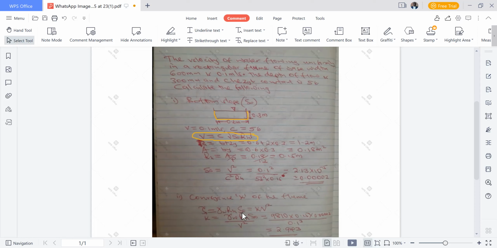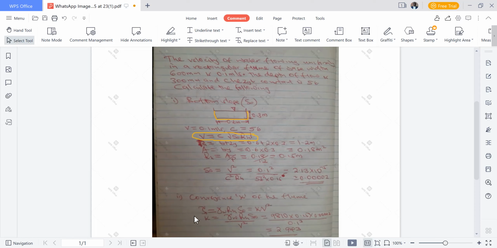Why? Because when we take gamma H, we assume that the bottom surface is horizontal. But in our case here, it is at a gradient, it is at a slope. So we have to factor in the slope. So shear stress is given by unit weight of water times hydraulic radius times bed slope, which can also be given as this conveyance K multiplied by velocity squared.